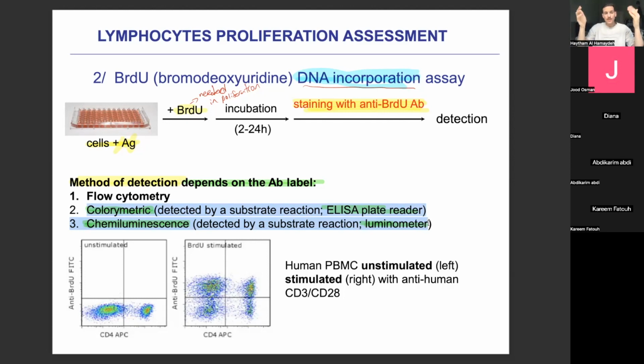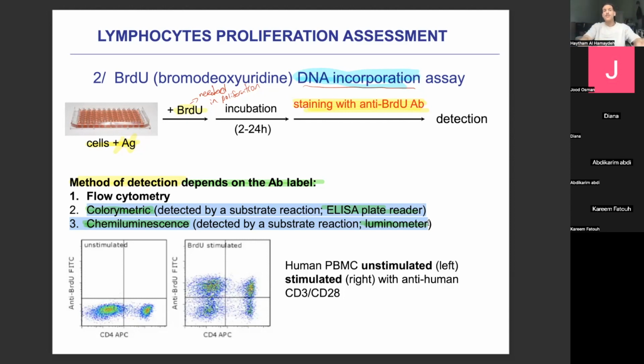So three different ways: flow cytometry using fluorescence, colorimetric, change of color because of the digestion of that substrate bound to that secondary antibody in the sandwich, or chemiluminescence, release of some form of light when that substance bound to the secondary antibody is digested or oxidized.